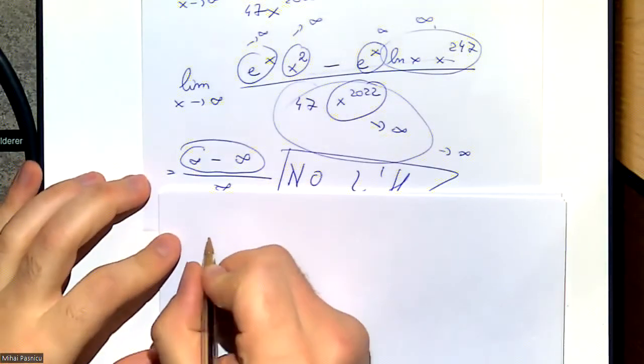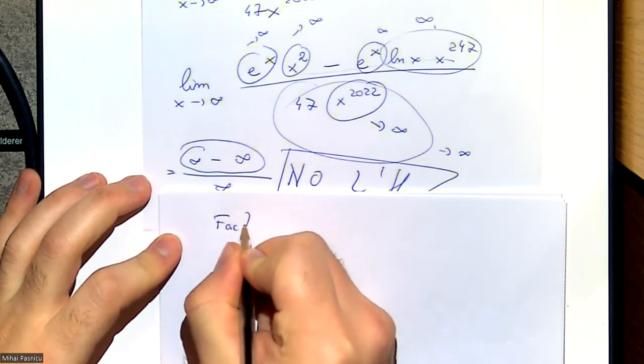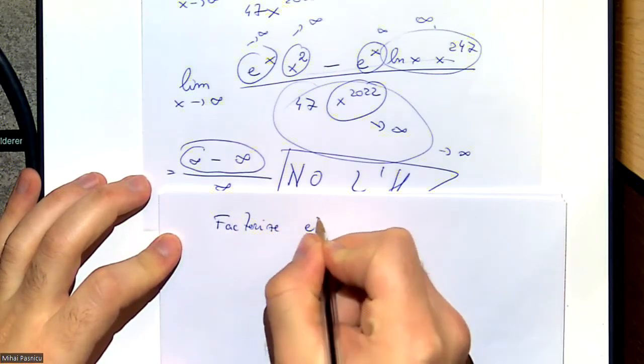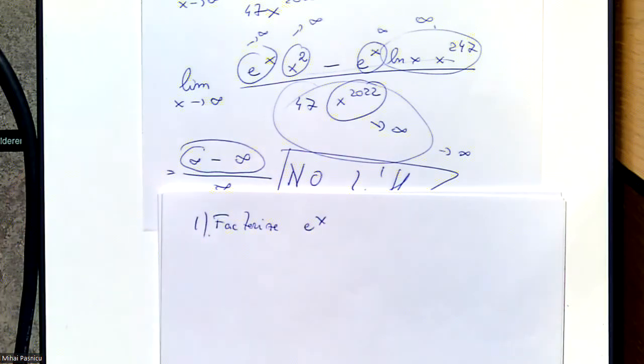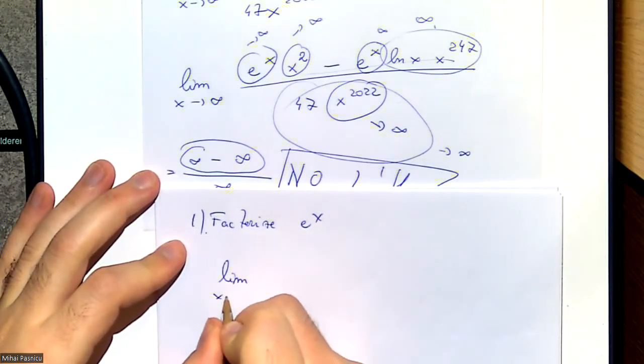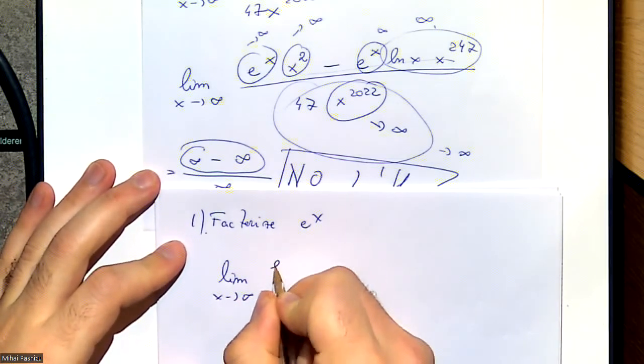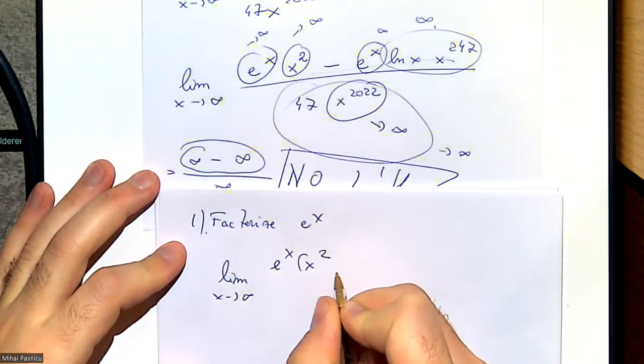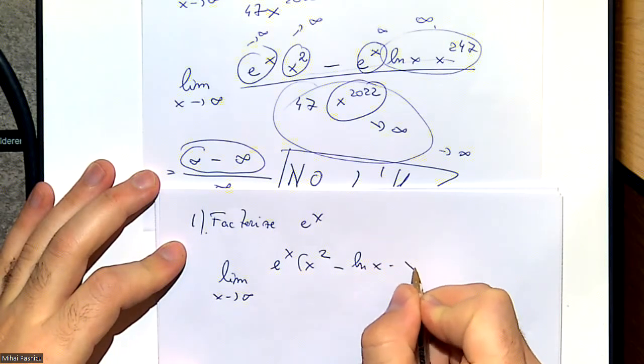The first solution to this type of problem is to factorize e to the x. Why is this a good idea? Because let's use my case, which is really thoughtful.